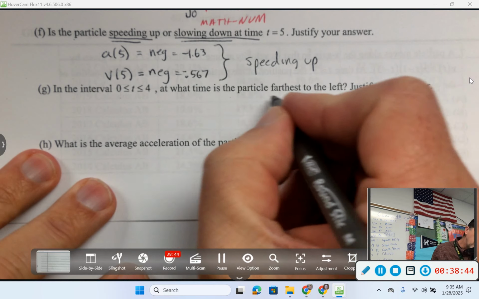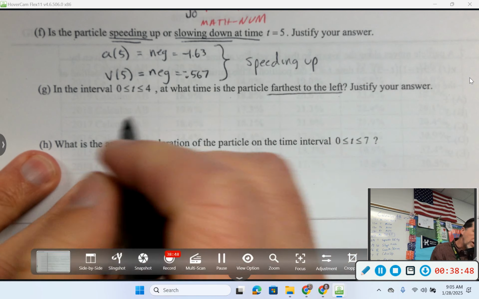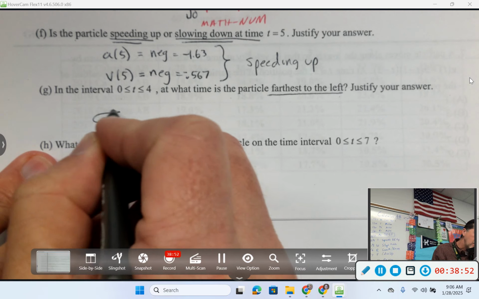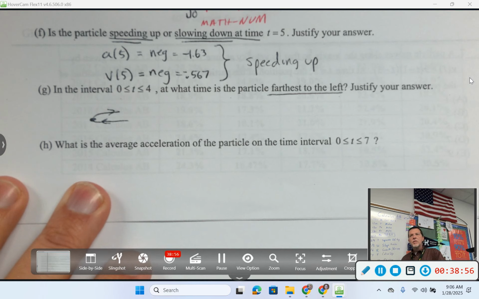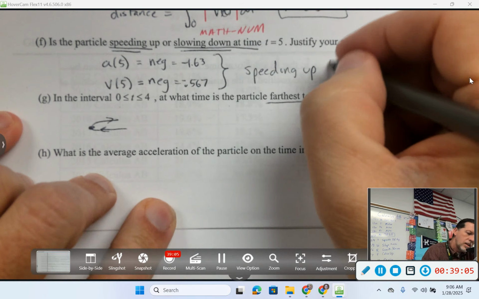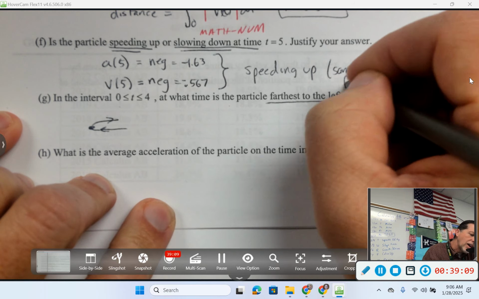All right, at what time is the particle farthest to the left? So what happens when we change from moving left to moving right? What's changing when we make that change?